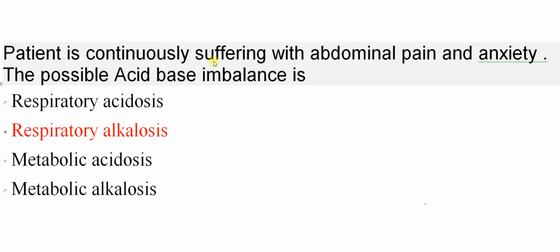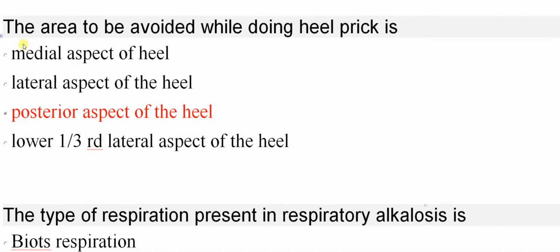Patient is continuously suffering with abdominal pain and anxiety. The possible acid-base imbalance is, answer is respiratory alkalosis. The area to be avoided while doing heel prick is, answer is posterior aspect of the heel.